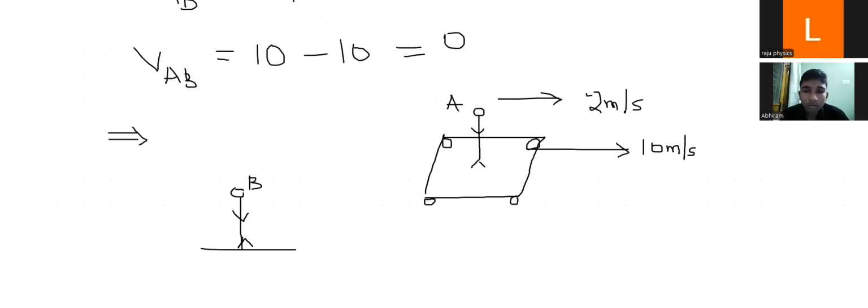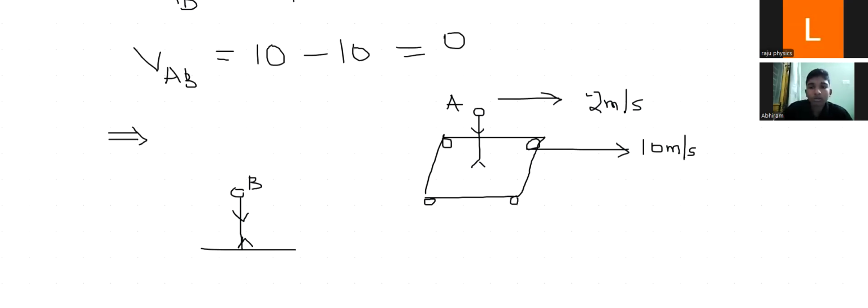So what is the relative velocity of A with respect to B? 12 meters per second. How will you get that 12 meters per second? A equals 2 meters per second plus the trolley's 10 meters per second, that is 12. Okay, so that analysis is correct.